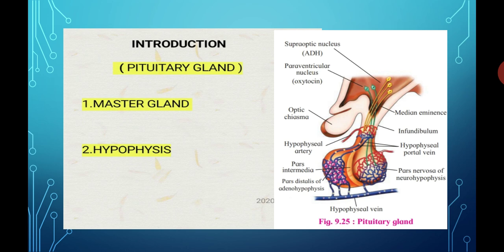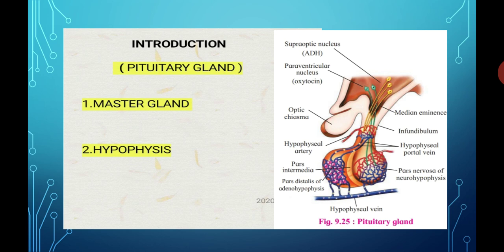It is also called a hypophysis because it is situated just below the hypothalamus of a brain. Hypothalamus is a part of the forebrain. So the pituitary gland has two other names.